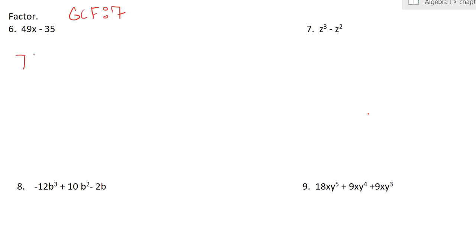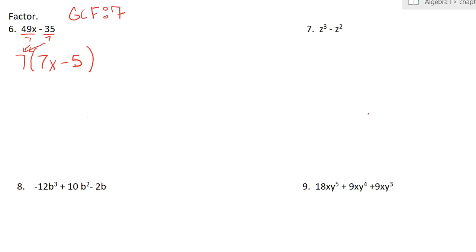What happens is you pull out the GCF from the two terms, and then whatever's remaining goes back inside the parentheses, so 7x minus 5. And then you just make sure with 7x minus 5 that you took the greatest common factor, which we did.